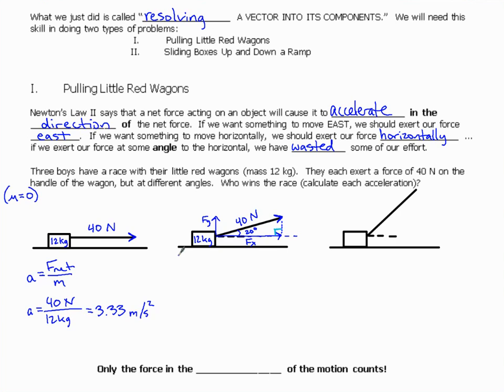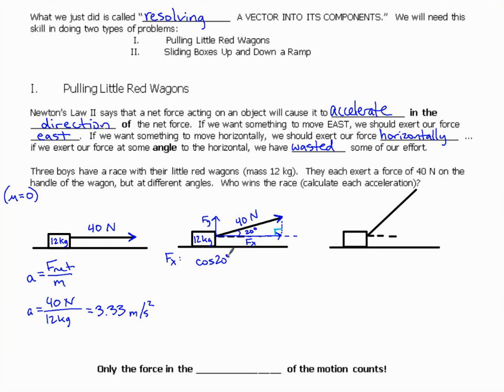So we are looking for the horizontal force. So here's the angle, and we are looking at an adjacent side and a hypotenuse. So this tells us, adjacent and hypotenuse, that we're going to use cosine.